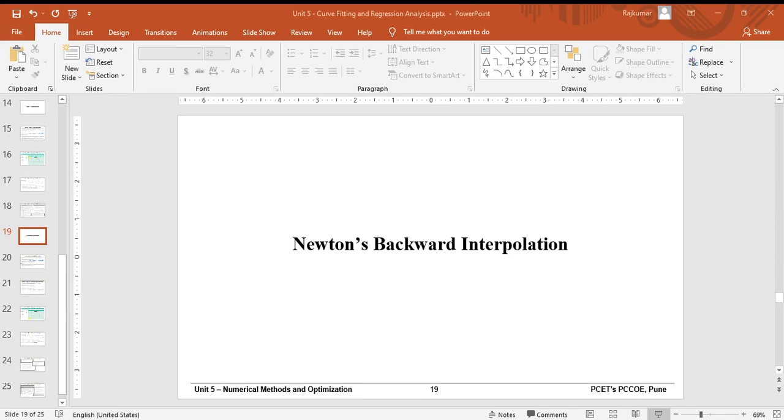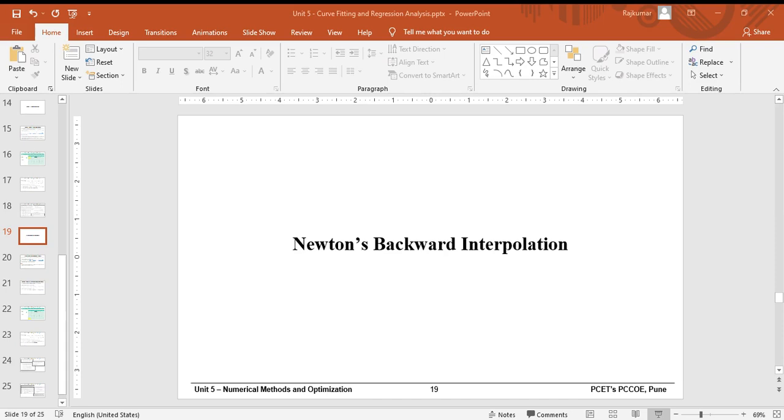So there are a total of n plus 1 data points. Now suppose it is required to evaluate f of x, that is y, for x is equal to xn plus ph, where p is any real number. Then Newton's backward interpolation formula is given by.